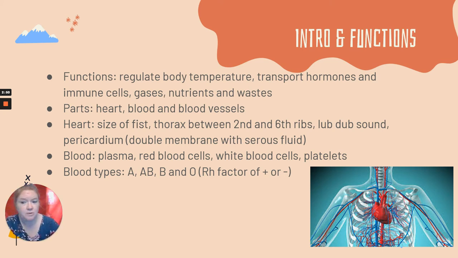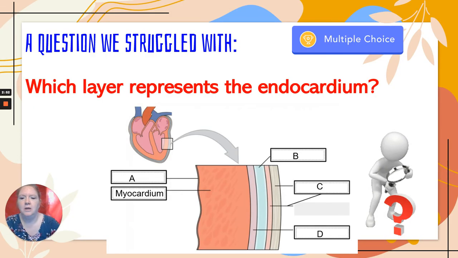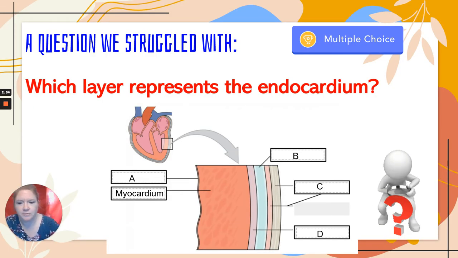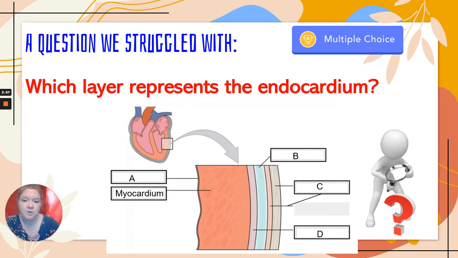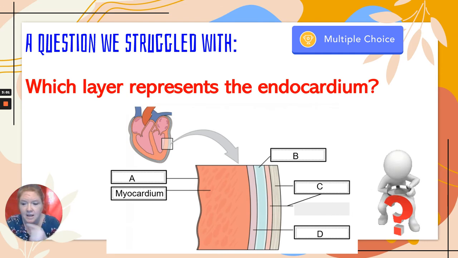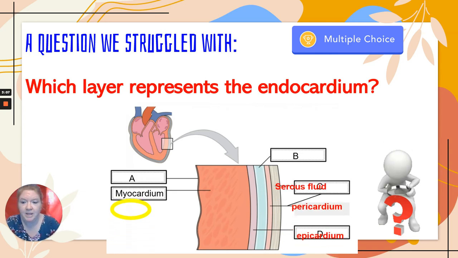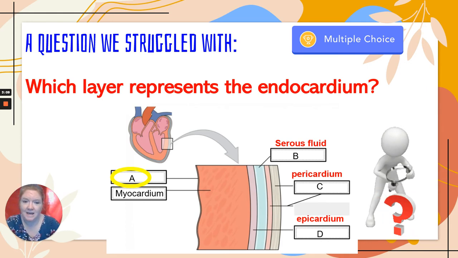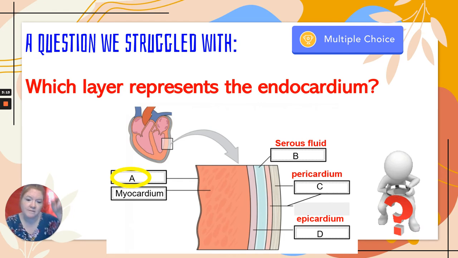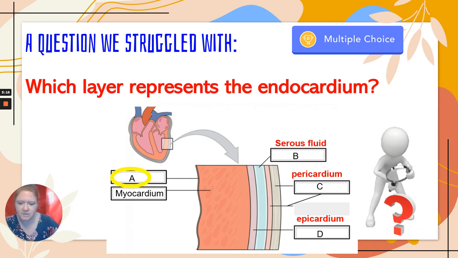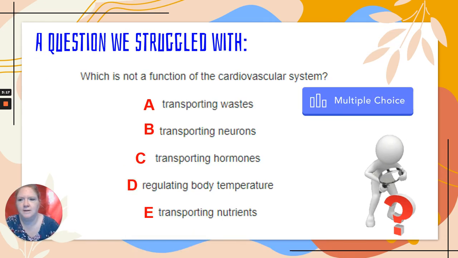So what are some questions that you struggled with in this section? Which layer of the heart here represents the endocardium? So I think of it like this: endo, like indoor, the inside layer, and the myocardium, the middle layer, is labeled for you. So you just got to look where it pulls from in the diagram, and it should be A as the endocardium, the epicardium on the outside layer, and then you have that double layer pericardium with some fluid for protection.